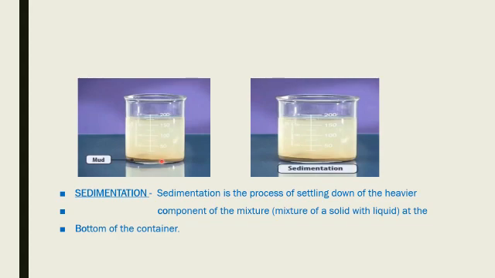The component which settles down at the bottom of the container is known as sediment, and this process of settling down is known as sedimentation. So how can we define it? Sedimentation is the process of settling down of the heavier component of a mixture at the bottom of the container, and the mixture should be of a solid with a liquid.